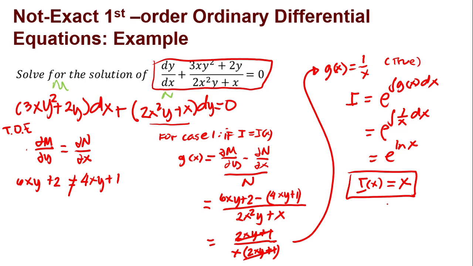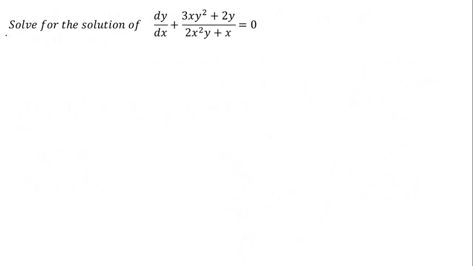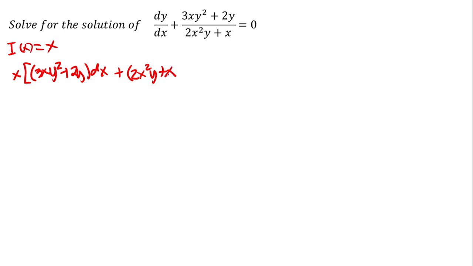So we can use this integrating factor I, which is equal to x, and we multiply it back to our original differential equation, which is 3xy squared plus 2y dx plus quantity 2x squared y plus x dy equals 0.